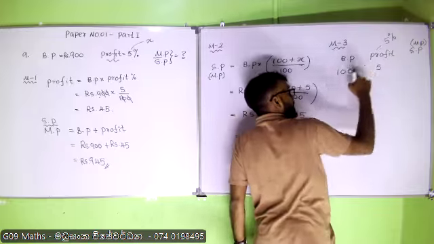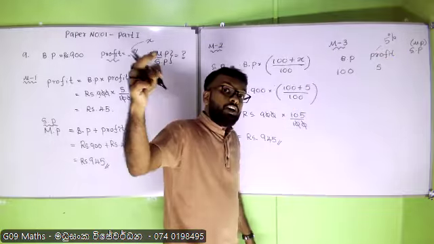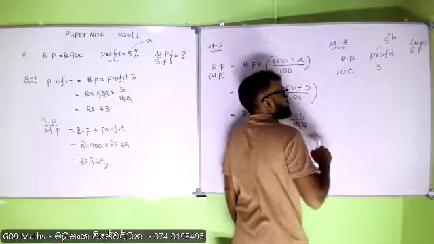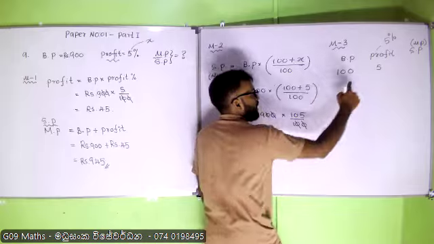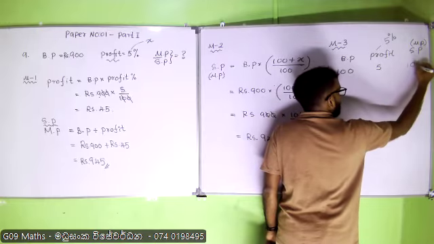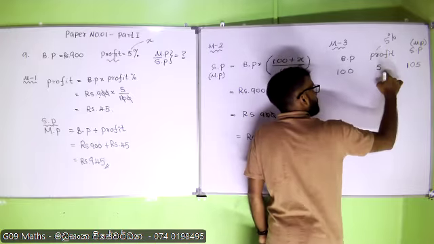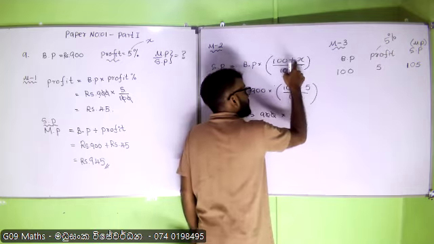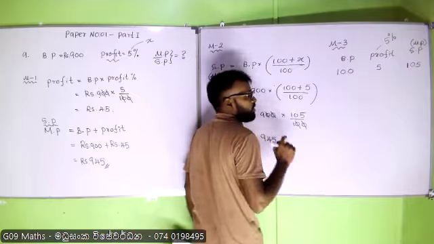So you sell it for 100 plus 5, because this is the profit. If it is a loss, it is 100 minus 5. For profit you add, for loss you subtract. Keep that in your mind.